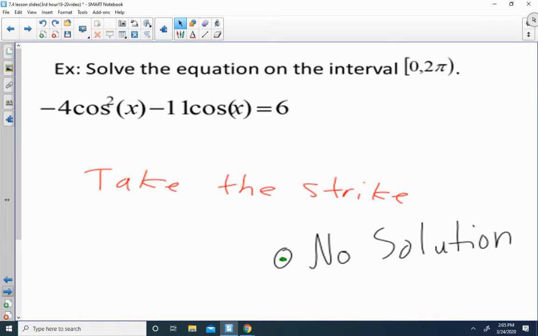If not, there's only going to be one of these on the homework. So I would actually recommend, if you're not interested in learning how to solve this problem, just take the strike, put in no solution, and just see what happens. So that's my advice for that problem. But if you really want me to teach it, please email me, and I will explain it. So, besides that, you guys have all the tools and resources you need.